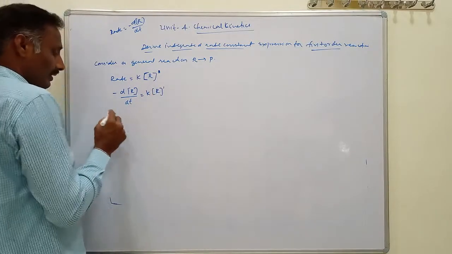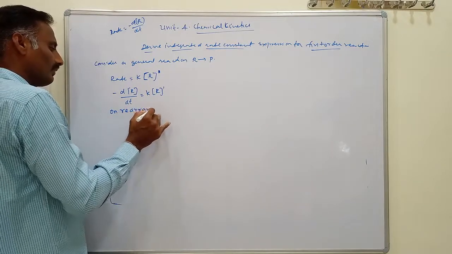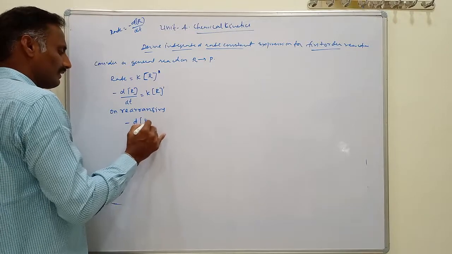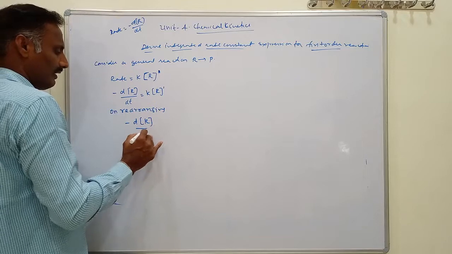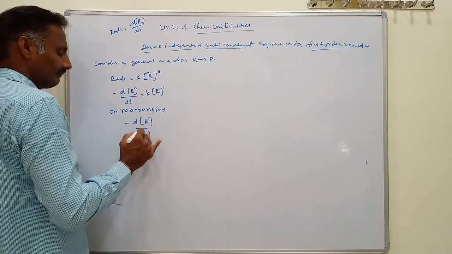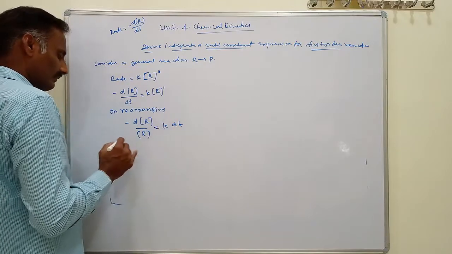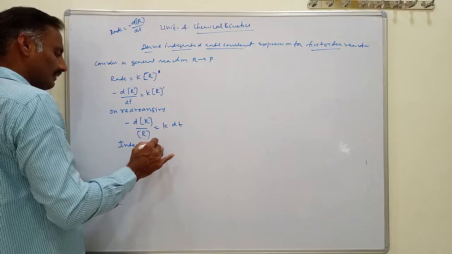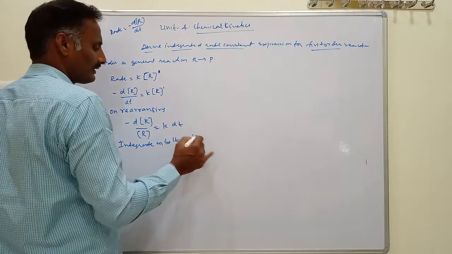Then on rearranging, it becomes minus dR by R equal to K dt. Then integrate on both sides of the above equation.